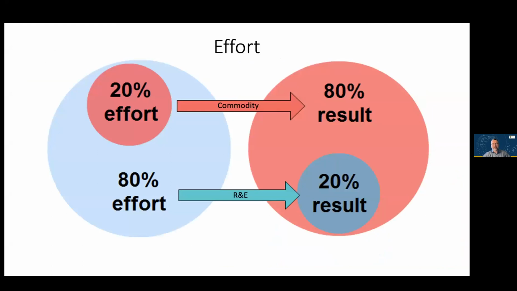So let's talk about the differences between commodity networking and research and education networking. I like to use this chart because it really emphasizes the difference between the two. For a commodity network, if you put in about 20% of the effort and you get an 80% result, that's good.